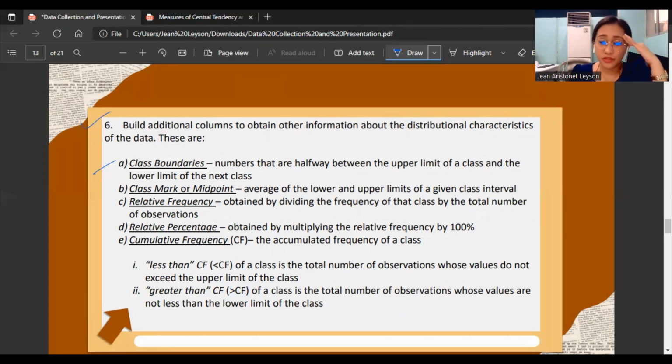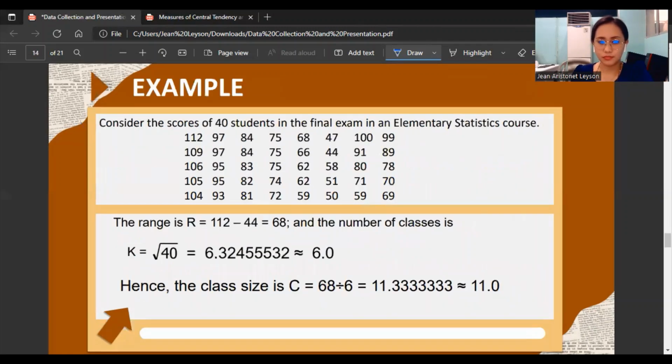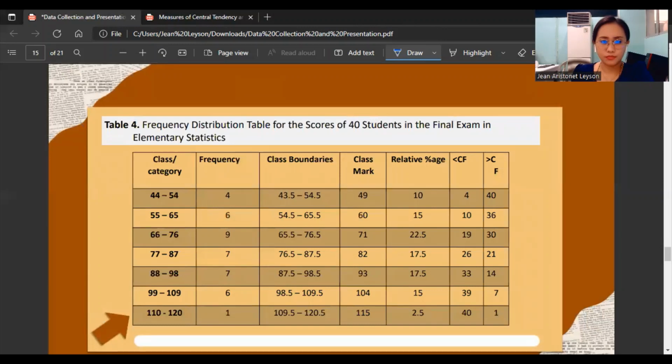So this is very easy. Simply subtract 0.5 from the lower limit and also 0.5 from the upper limit. So I'm sorry, subtract 0.5 from the lower limit, then add 0.5 to the upper limit.